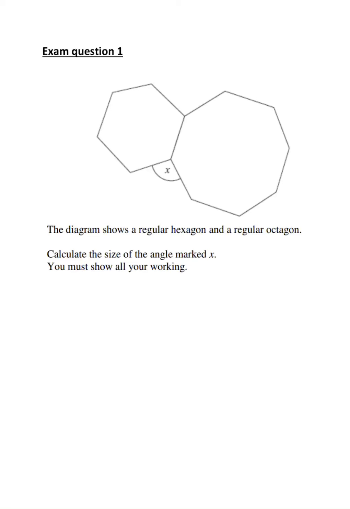There's all sorts of ways to do this, but let's see if we can find the size of this angle and also the size of this angle. Because if we have those 2, we know that angles around a point add up to 360 degrees, which means that we can subtract these 2 from 360 degrees to get x.